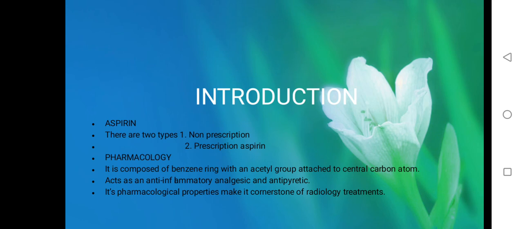Then there are two types: non-prescription and prescription aspirin. Non-prescription aspirin is tablets or medication one takes when he or she feels pain, for example, a headache. Prescription aspirin is prescribed by the doctor and needs the patient to be strongly supervised by the doctor.